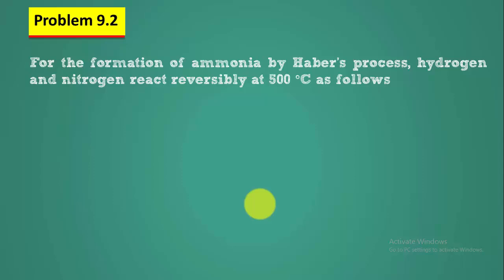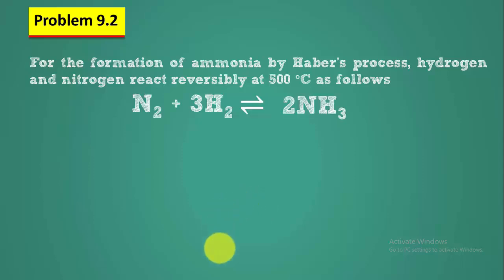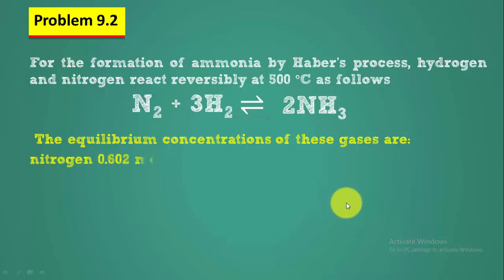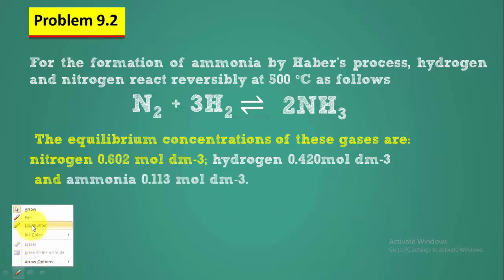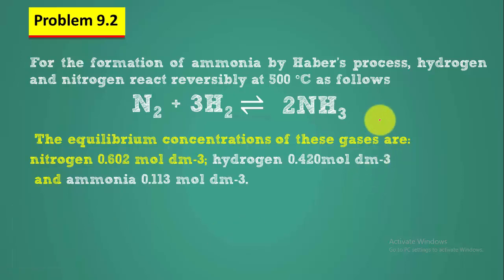So again in this numerical, we have to find out the value of Kc. So dear students, be careful and keep in mind that it is very similar to the previous numerical. So you can see this is a balanced chemical equation.